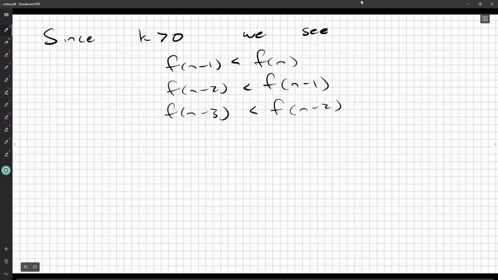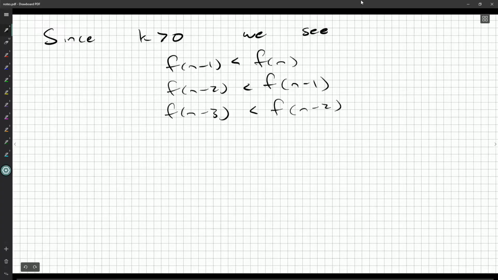Now, why would something like this matter? Why am I going at this particular approach? Well, we know that our outputs, so the f's, have to be in the natural numbers, so the positive integers, right? But the positive integers sort of bottom out. They have a lowest value. The integers don't, but the positive integers do.